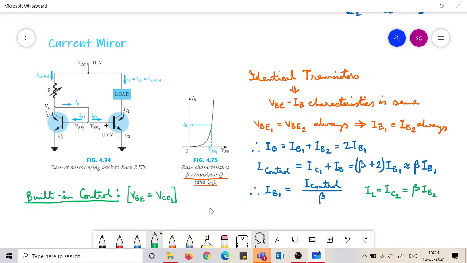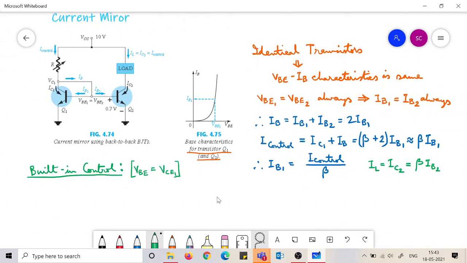Okay. And there is also a built-in control in this particular configuration. If the IL changes, what happens? Your IC gets changed. So let me just go through this. Suppose your IL is increased.